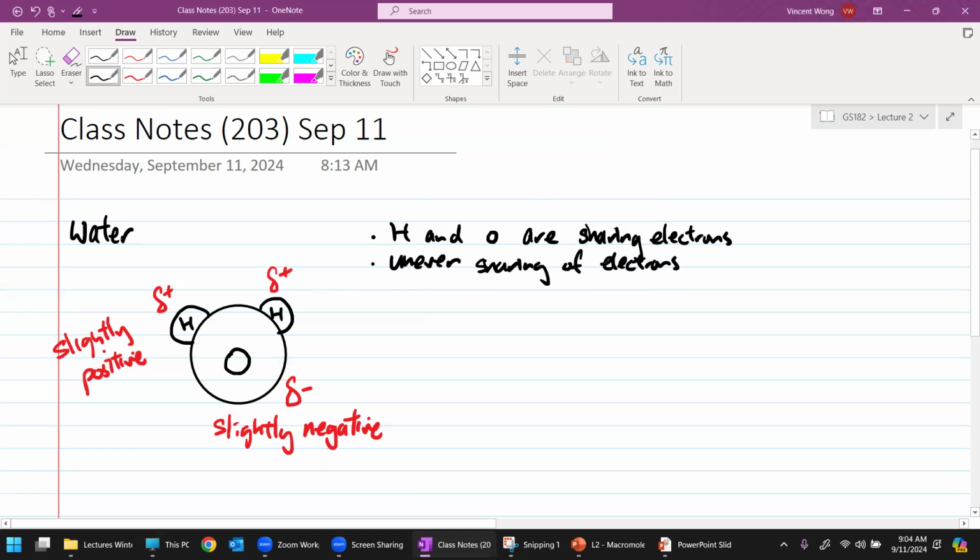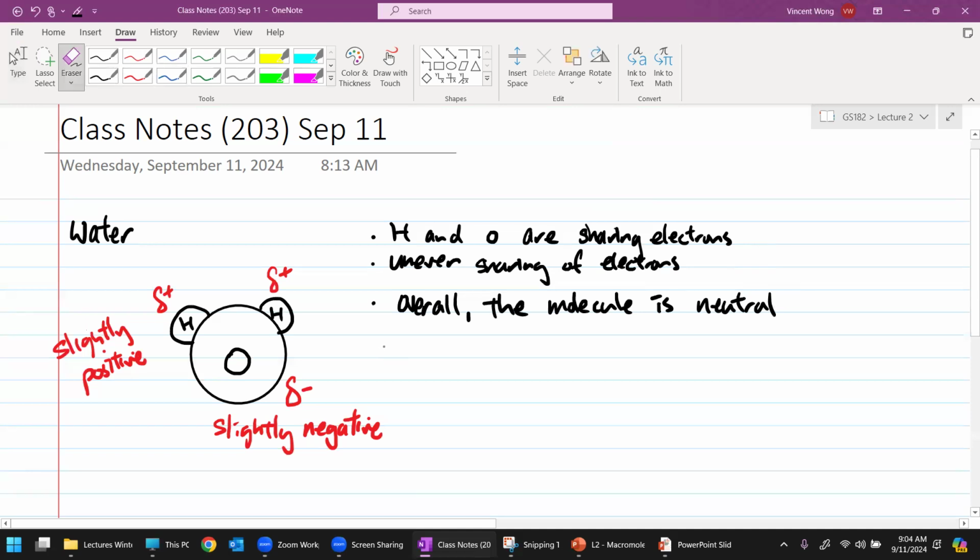Oxygen is pulling the electron towards itself. Now, overall, the molecule is neutral. It didn't gain or lose any electron. The number of protons and electrons are equal in the water molecule, but it's the distribution of electrons that's uneven.